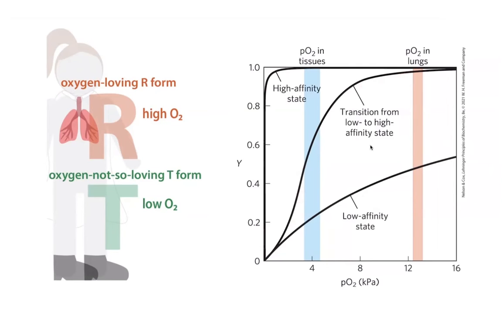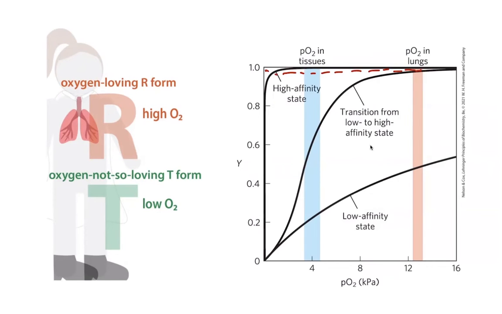But in our lungs, we're going to have that R form stabilized, and we're going to have this high oxygen concentration. If we were to look and see how much of it would be bound, almost all of it's going to be bound in our lungs. But now let's look at what's happening in our tissues. In our tissues, you can see that there's kind of this range of concentrations.